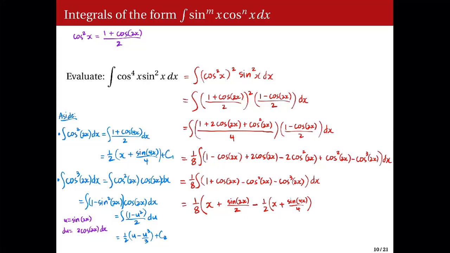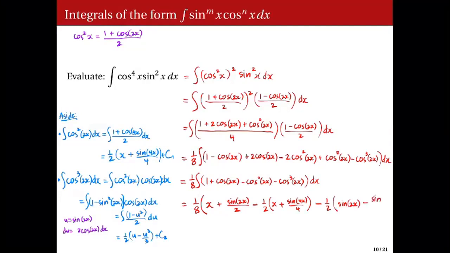And then minus integral of cosine cube 2x. Okay, we have this. So minus 1/2 times u, that's sine 2x there. And then minus u cube, so sine cube 2x over 3.